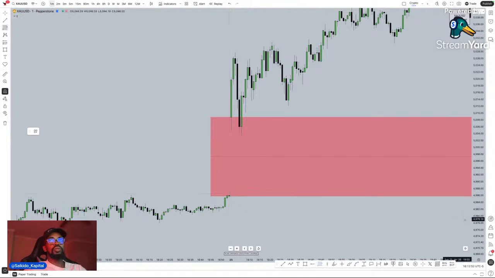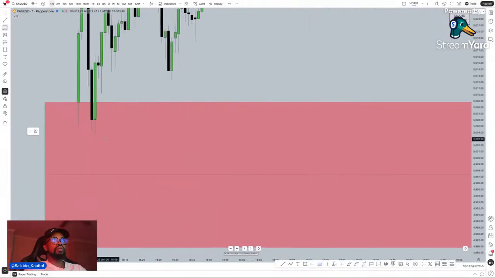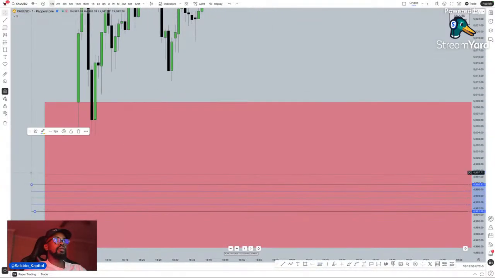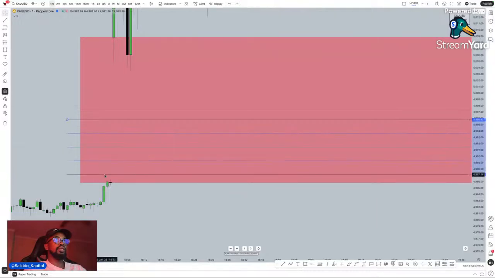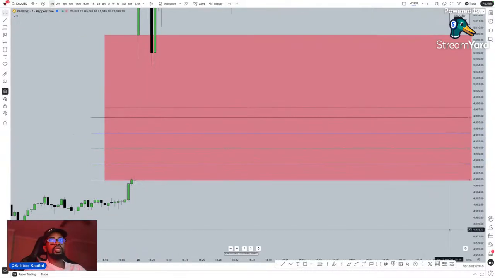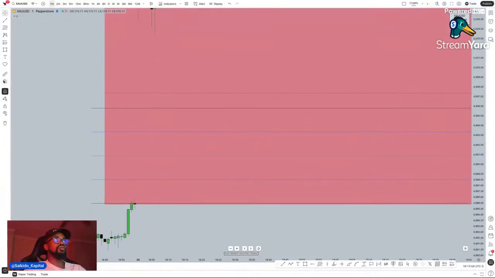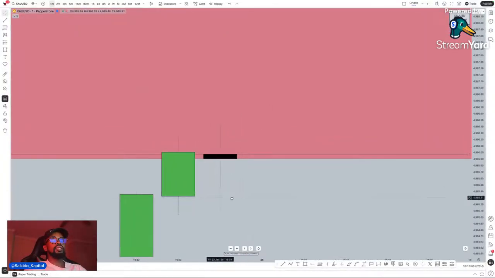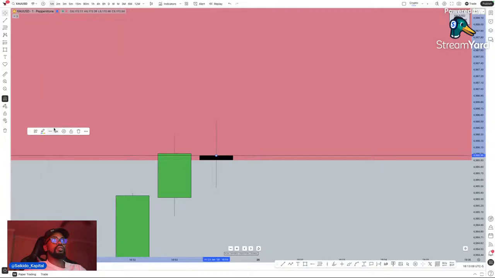Let's get the closing price, not the high, but the closing price. We're going to grade it. This is the closing price of a down close candle. Let's zoom in. A down close candle opens up here, makes the low, makes the high, then it closes.